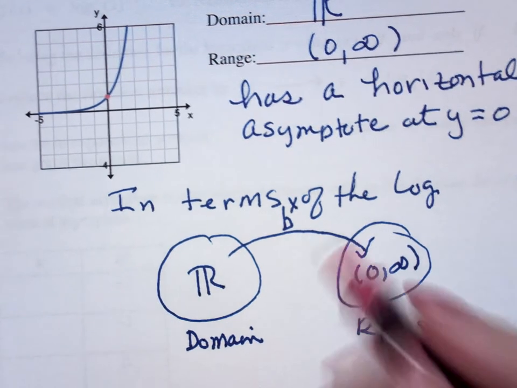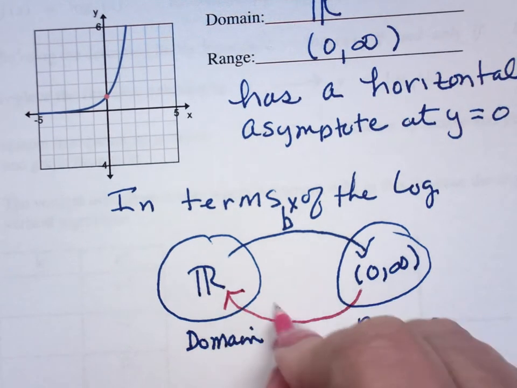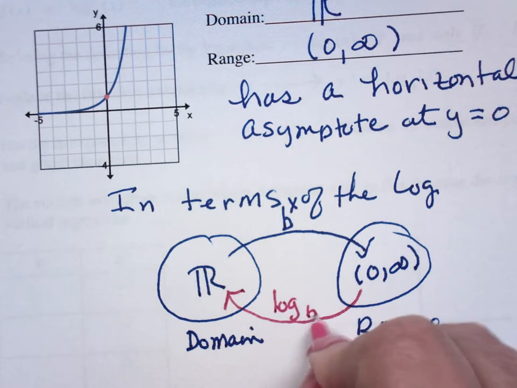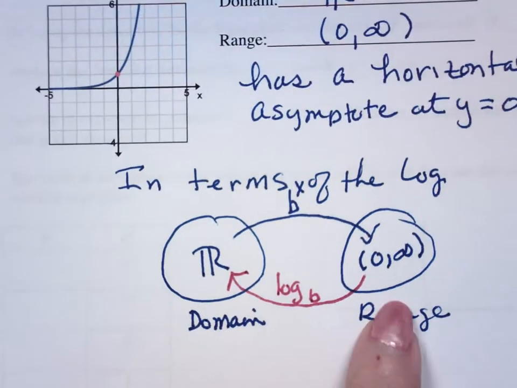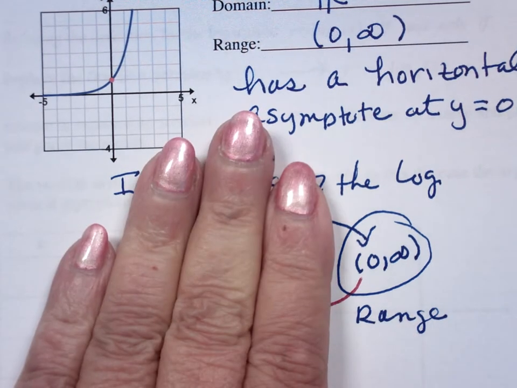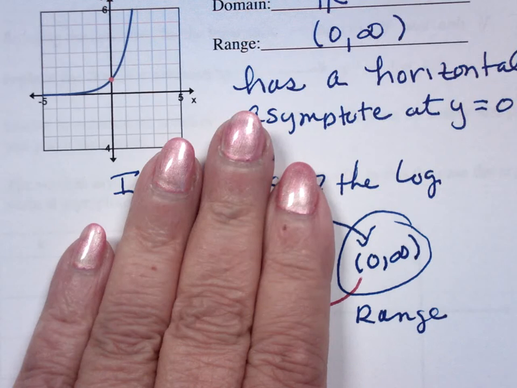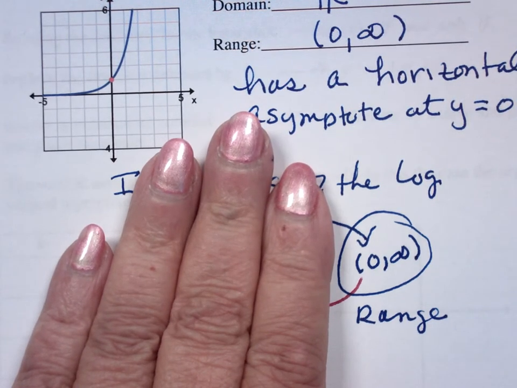Now let's think about what happens. The logarithm brings it back. What's the only thing that's in his world? Numbers between 0 and infinity. So his domain's not all real numbers. His world contains only 0 to infinity. So when he looks there, he's got only numbers between 0 and infinity that he needs to bring back.